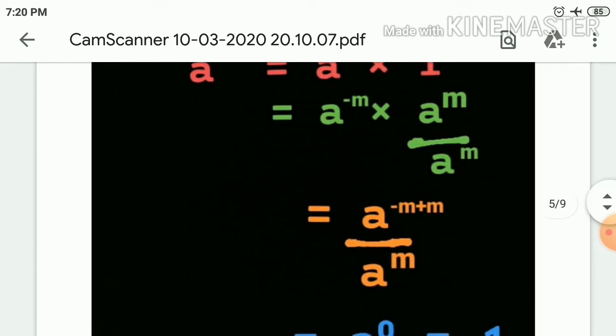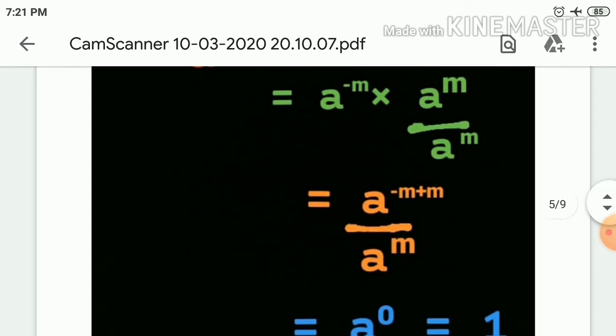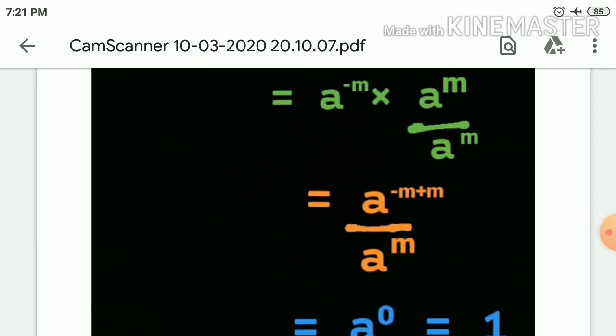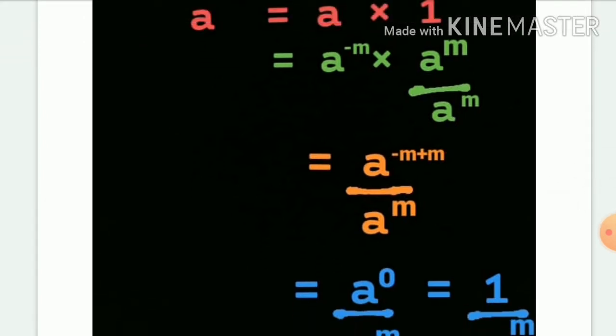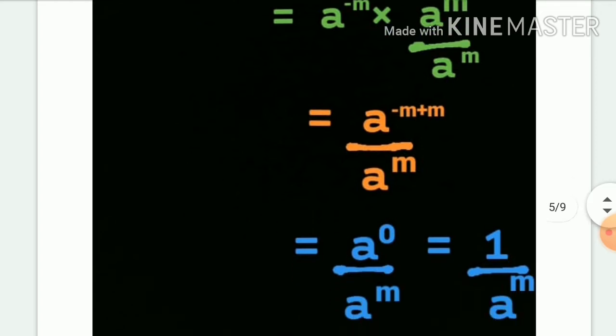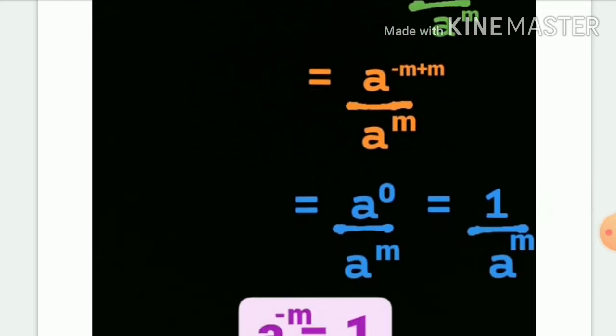So minus m plus m results in 0. Any number plus its negative results in 0. For example, minus 2 plus 2 results in 0. So this term becomes 0, so a raised to 0 upon a raised to m.